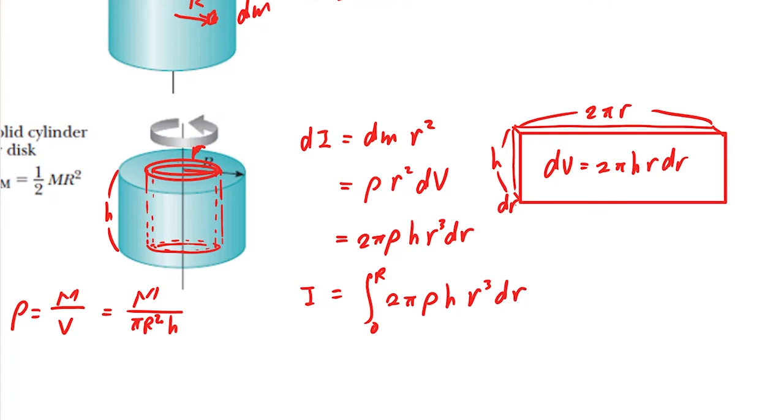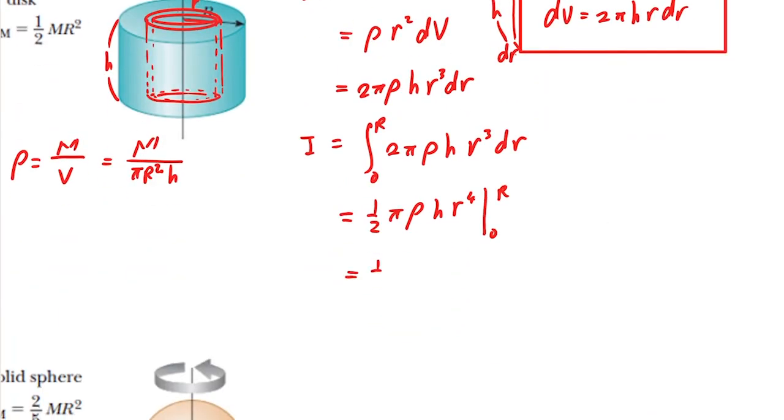I mean, just the x-axis, kind of the same thing, but I'm just trying to be a little more general here. Then all we have to do is integrate. So this thing becomes pi rho h r to the fourth power, therefore 1/4, cancel that, and 1/2. And then from 0 to capital R, right?